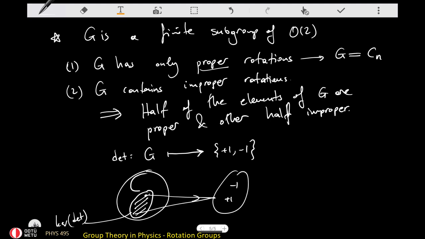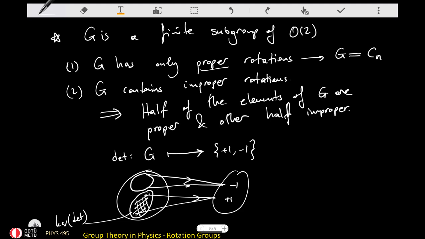And the remaining thing is basically the set of elements that are mapped into -1. This must be the coset of that kernel. So we know that each coset contains exactly the same number of elements as the kernel. So this kind of thinking basically shows that the group should have an even number of elements in that case, and exactly half of them would be proper, and exactly the other half should be improper.